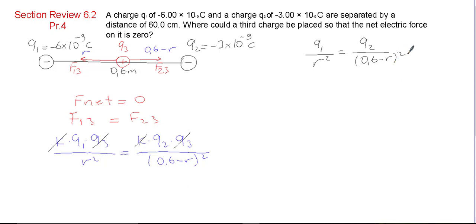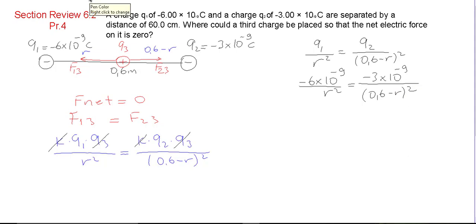Again, let's write now the charges. Q1 is given, minus 6 10 to the minus 9 over r square, which is equal to minus 3 10 to the minus 9 divided by (0.6 minus r) square. Here again I can make some cancellation. 10 to the minus 9, 10 to the minus 9, and minus 3, minus 6, I can write here 2.